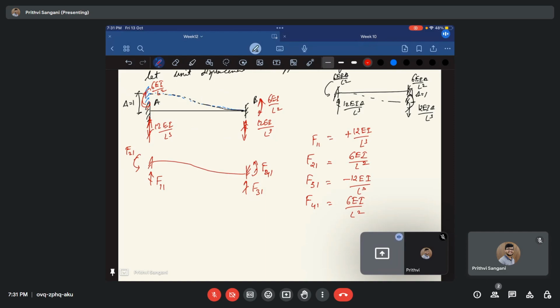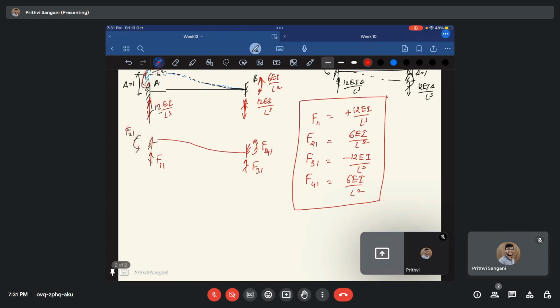Now what about the other one? This is when delta equal to 1, and the delta is in the direction of degree of freedom 1.